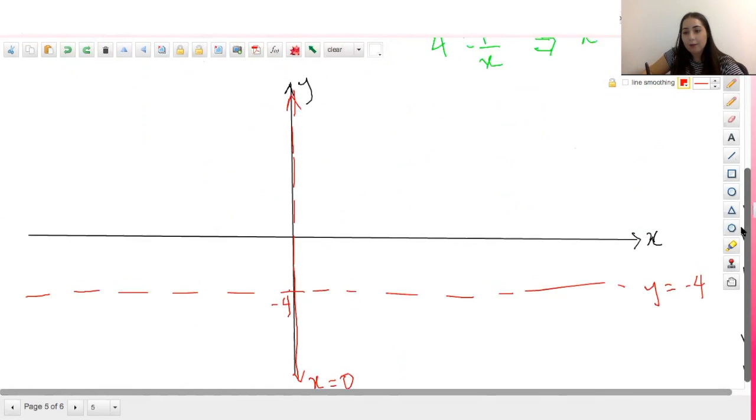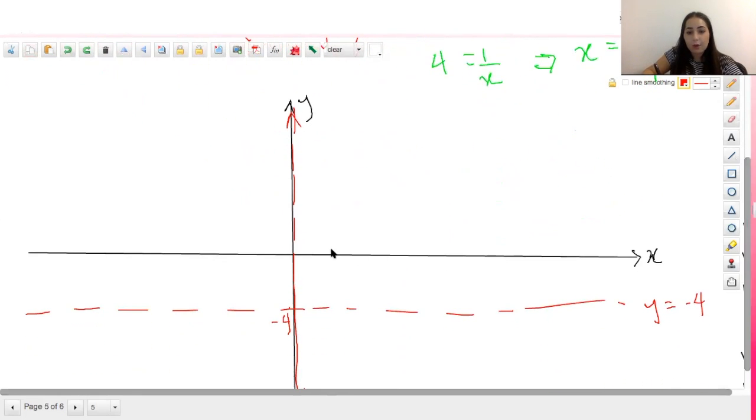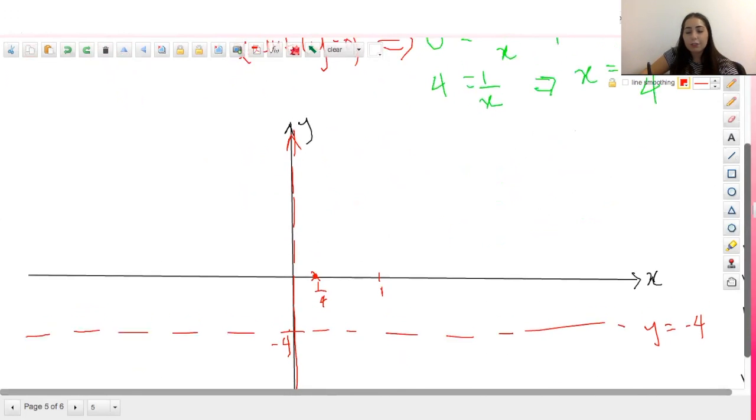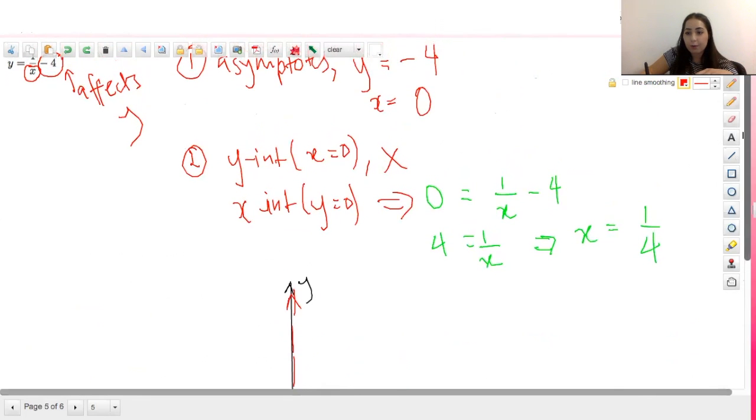So now let's consider our intercepts. There's no y-intercept, but there is an x-intercept at a quarter. If 1 exists roughly here, then a quarter would be roughly over here. And we know that because the coefficient of x is positive, it's going to lie in the first and the third quadrant.